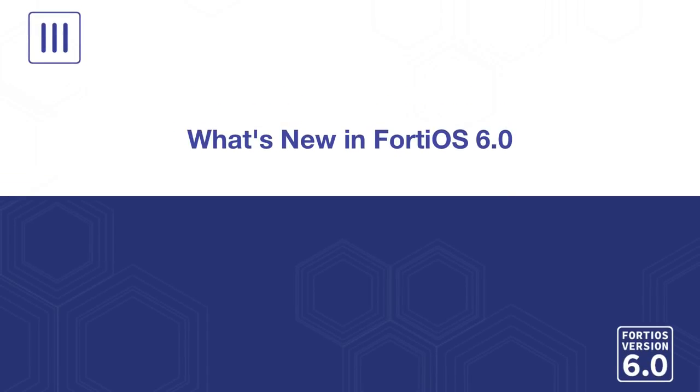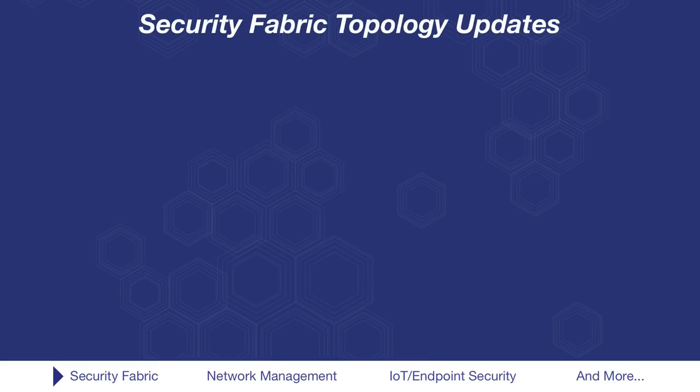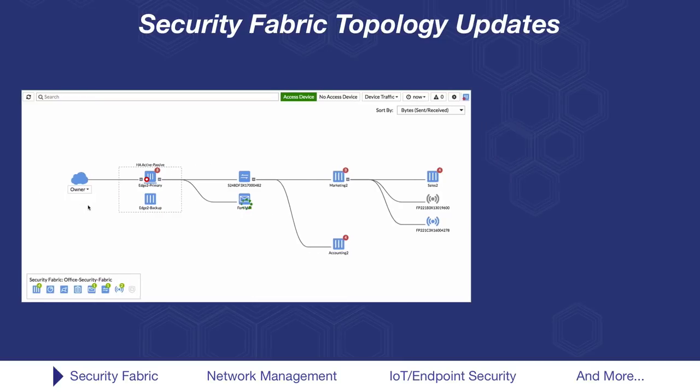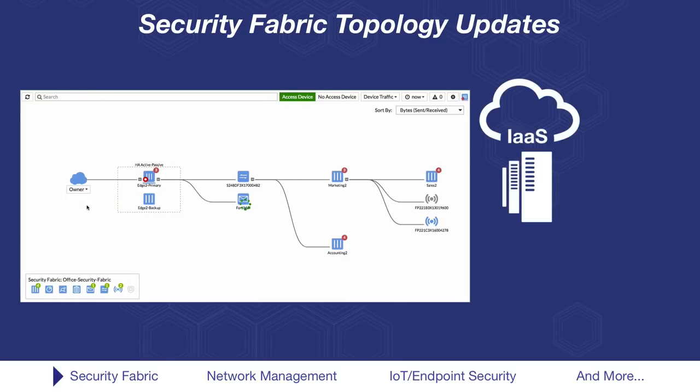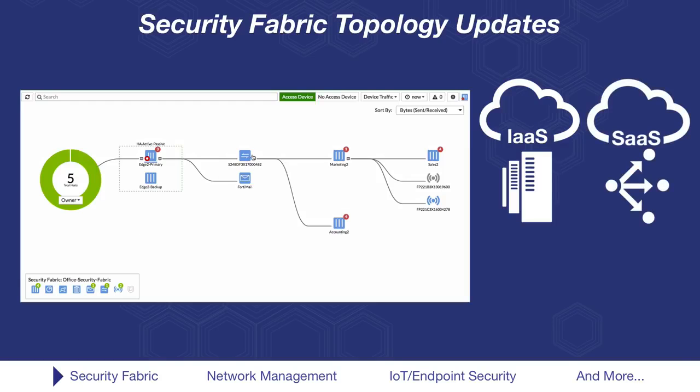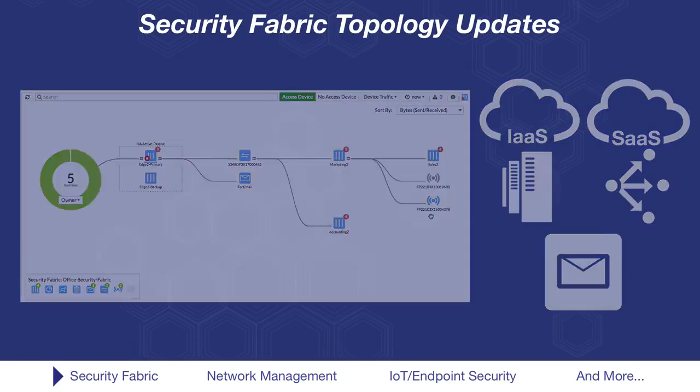At the forefront of 6.0 are new Security Fabric updates and features, designed to extend your oversight and reach. As of 6.0, you can add many new services to be mapped in your Security Fabric topology: infrastructure as a service cloud sites and servers, such as AWS and Azure, SD-WAN links and software as a service installations, networked FortiMail devices, and many others are all centrally visible and configurable, integrated into the Security Fabric.